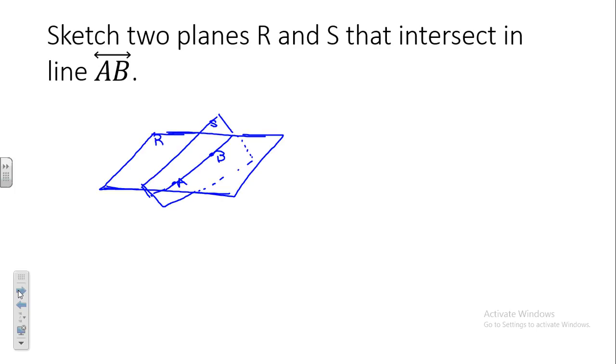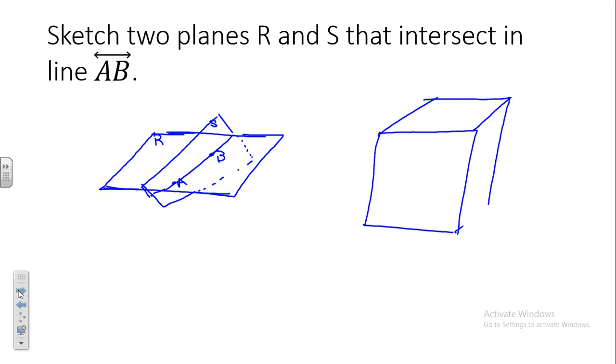But let me show you a way to cheat that we all know how to draw. We've all drawn rectangular cubes and boxes and so forth, right? So let's do that. And if you want to put your dashes behind, you can.